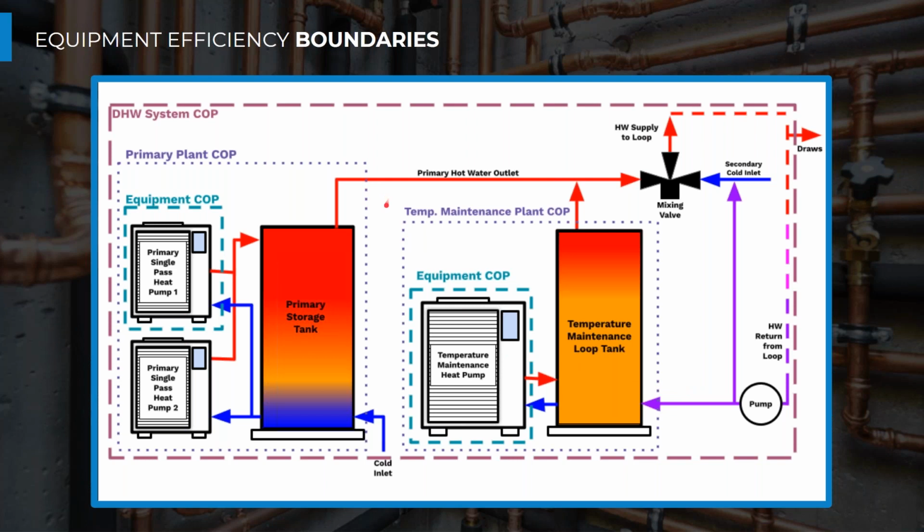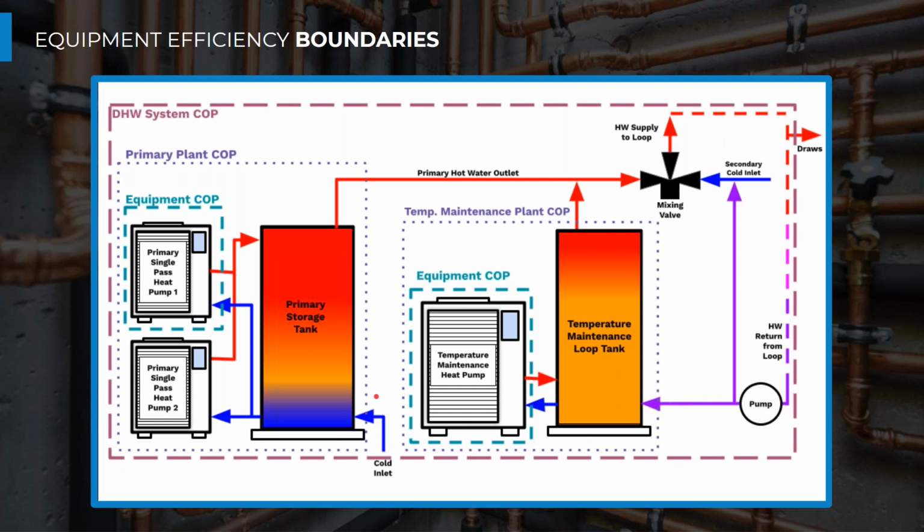And we also were trying to, or we are and are continuing today to calculate the domestic hot water system COP, and then the primary COP, as well as the temperature maintenance coefficient of performance, or COP. To do that, we need to understand the temperatures and the flow rate into those systems.